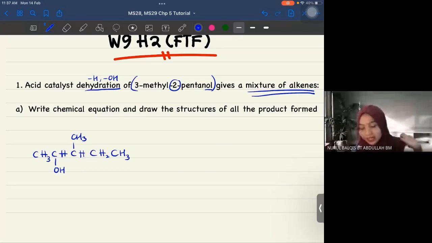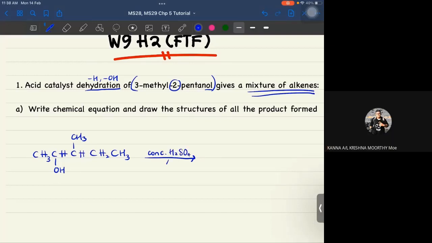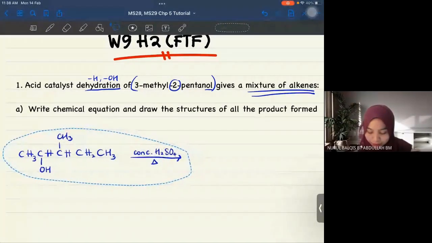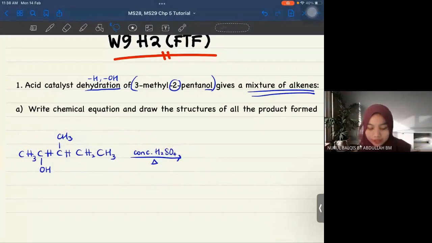Then you are going to undergo this dehydration reaction by using acid catalyst. Kita akan guna concentrated H2SO4, heat. So sekarang ni kita akan predict the product formed. Kita nak remove apa? Nak remove water kan?